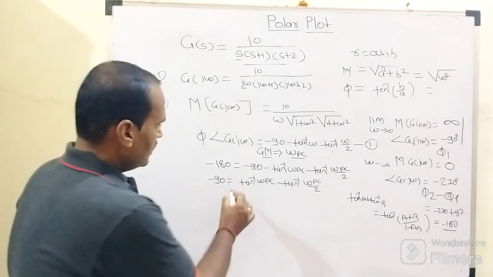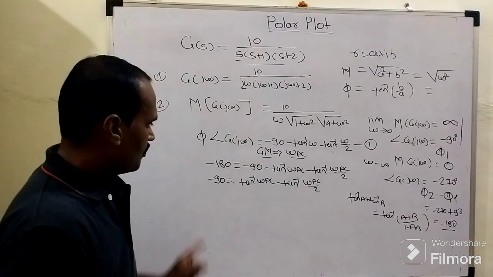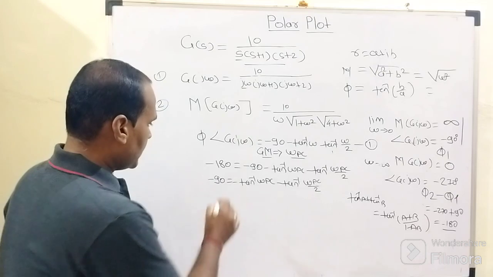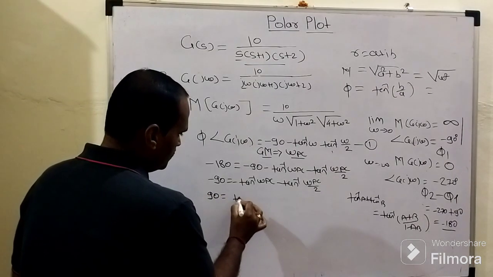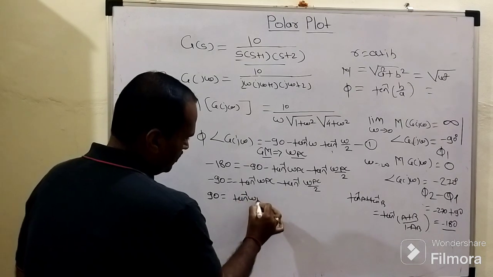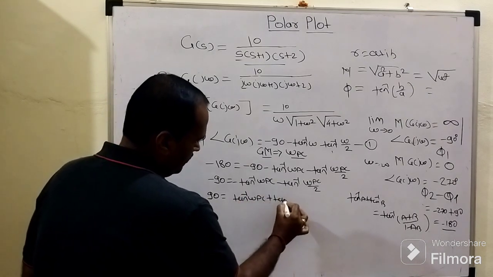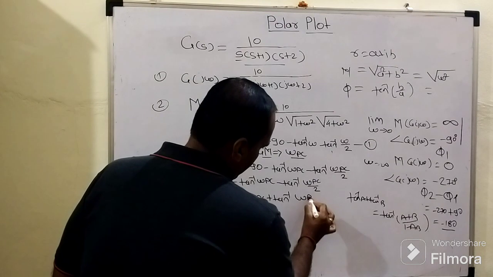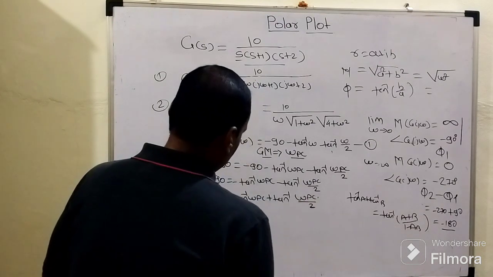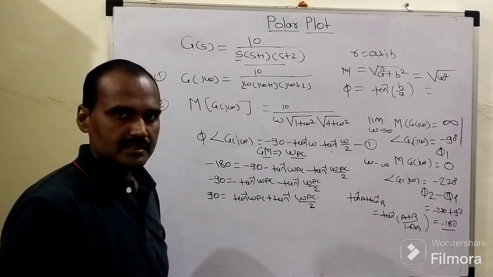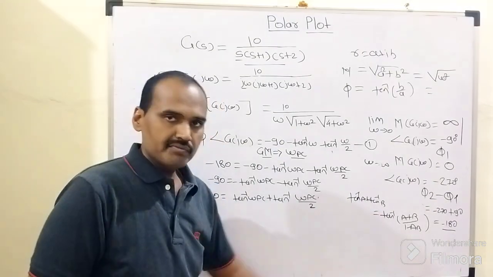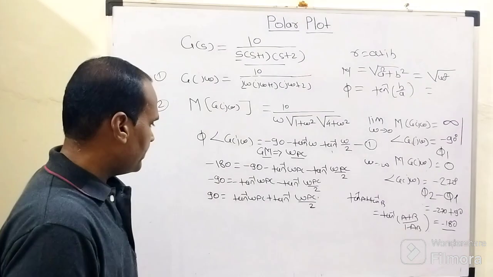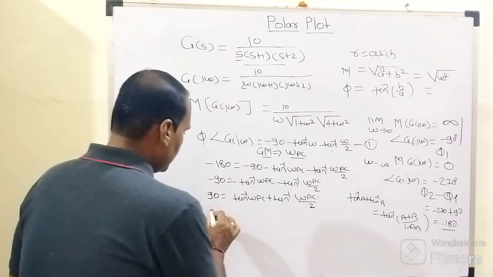For that purpose, if you multiply both terms with the negative sign, it becomes plus 90 equals tan inverse of omega PC plus tan inverse of omega PC by 2. Now as you can see, this term is in the form of tan inverse of A plus tan inverse of B, so we need to use this formula.